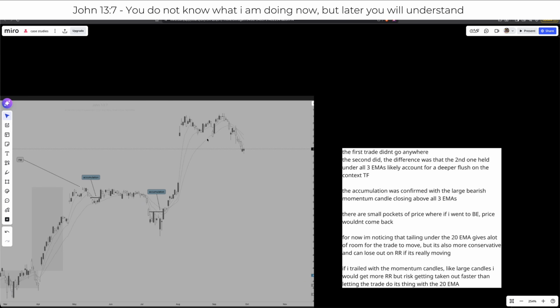And then, oh, this is complicated. I don't know how to do this. So if I trail with the momentum, or I could trail with the little pockets here. If I do the pockets, it's kind of a best of both worlds, but it's also pretty aggressive at the same time.